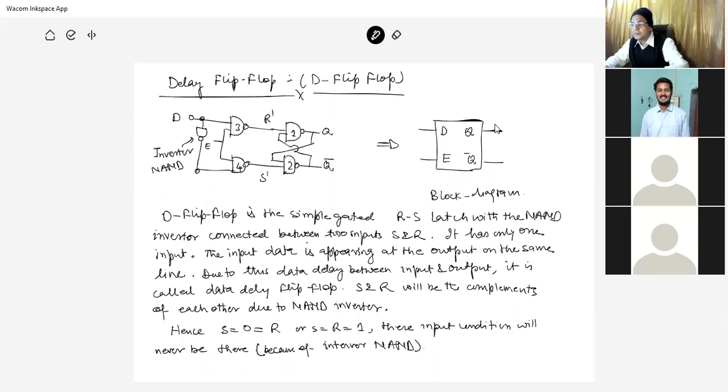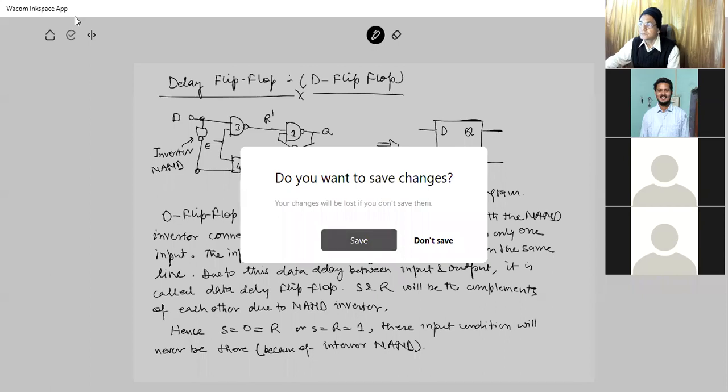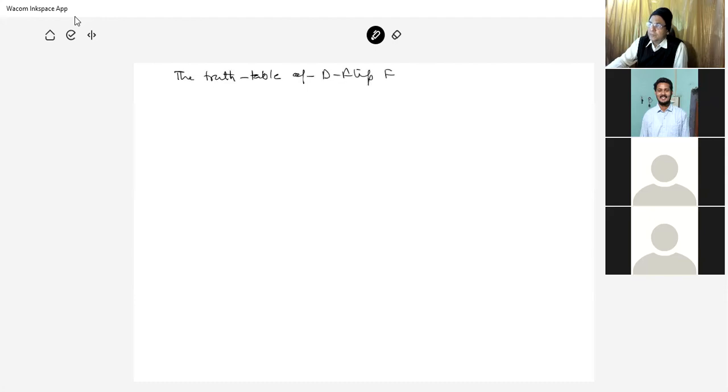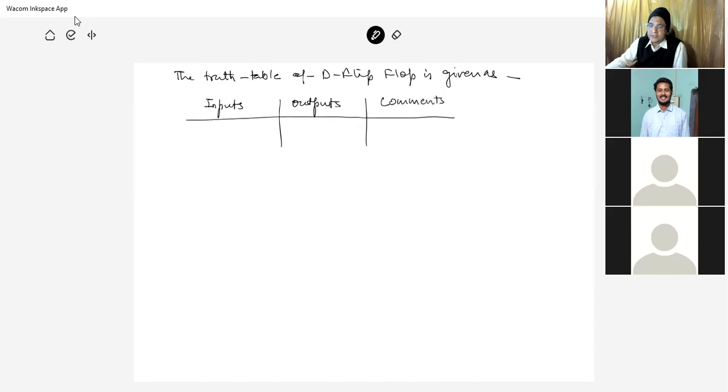So the truth table of D flip-flop is given as inputs, outputs, and comment.